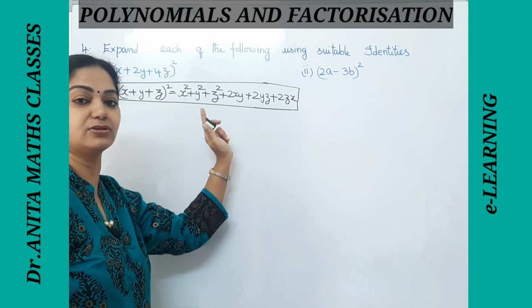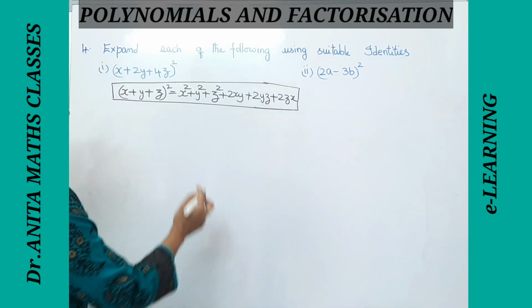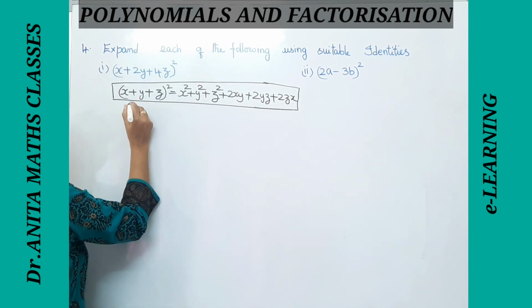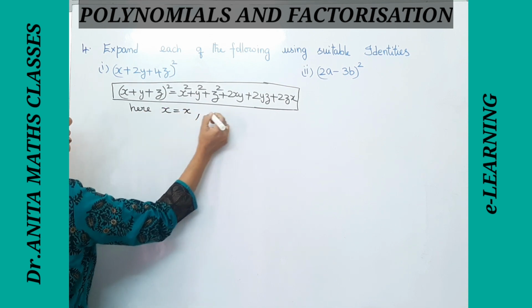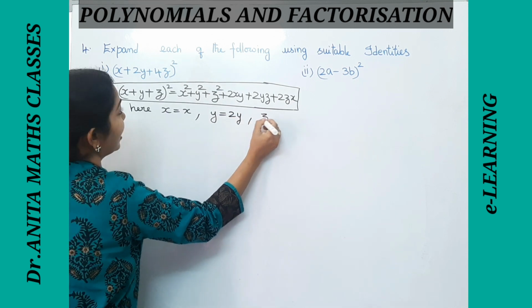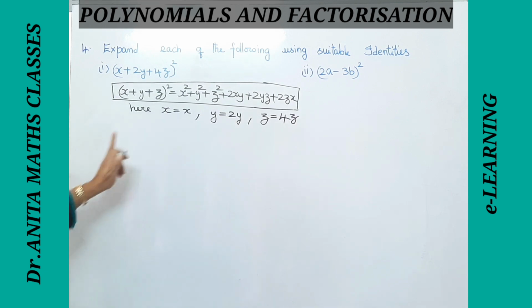How to remember this, I have told in my previous video, cyclic form. Now in this we will substitute the values. Let us suppose x is x only, y value is 2y, and z value is 4z.